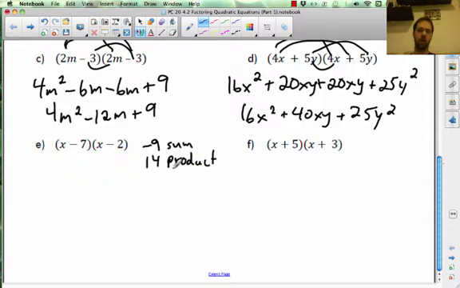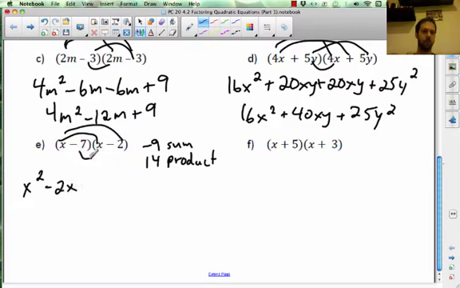So this is the product. So let's see what happens here. x squared, then we go minus 2x minus 7x, and then plus 14, which gives us x squared minus 9x plus 14.